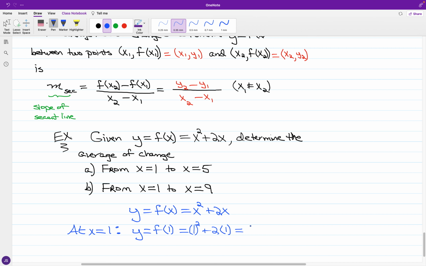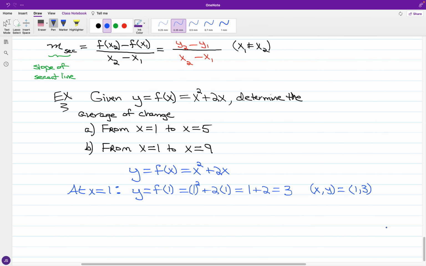Okay, so 1 squared is 1, 2 times 1 is 2, and 1 plus 2 is equal to 3. So you have 1, 3, which is a point on the graph of this function.